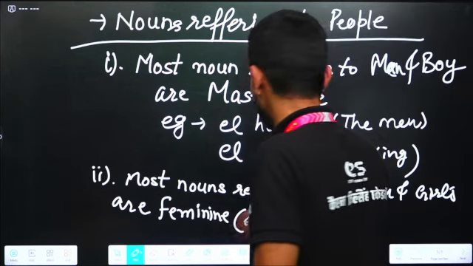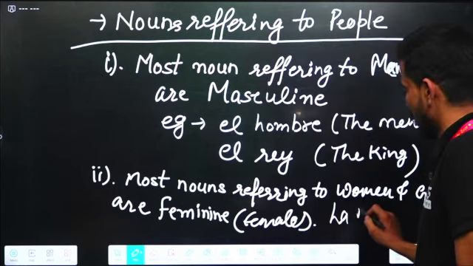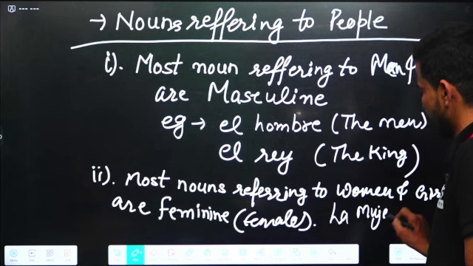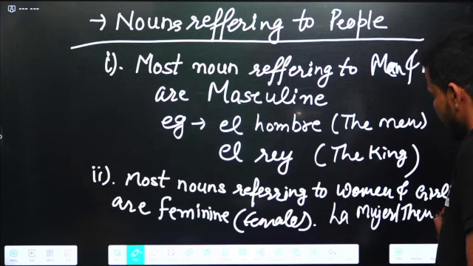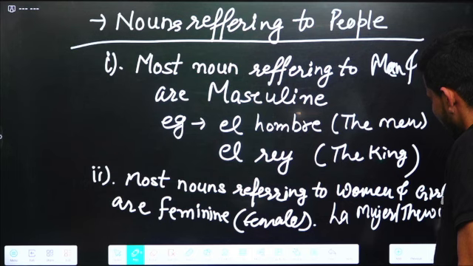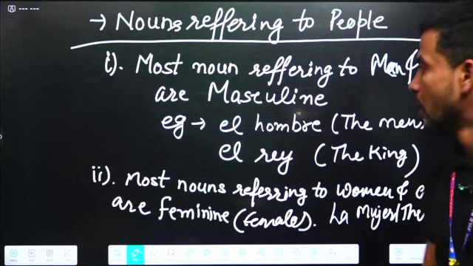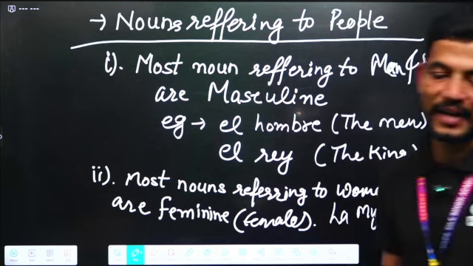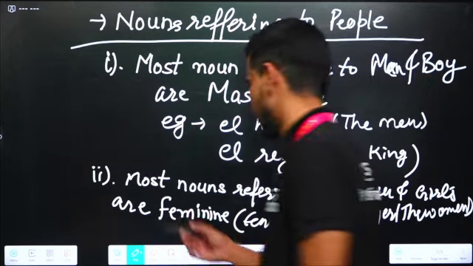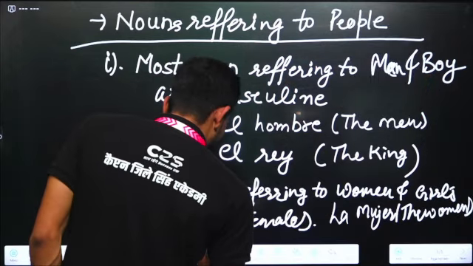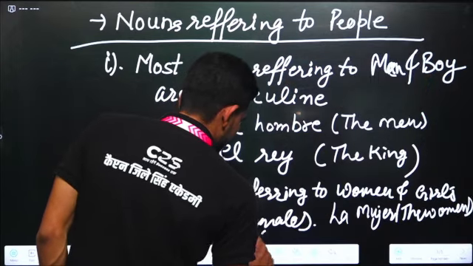For example, la mujer means the woman. La reina means the queen.